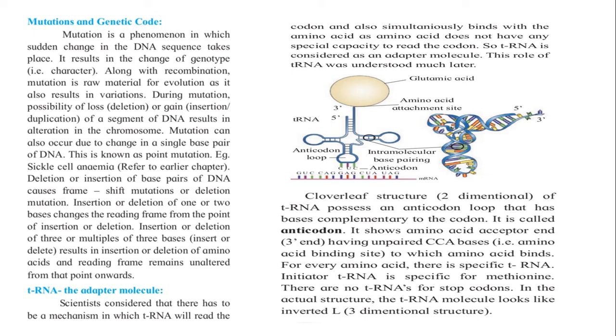For every amino acid, there is a specific transfer RNA. Initiator transfer RNA is specific for methionine. There are no transfer RNAs for stop codons. In the actual structure, the transfer RNA molecule looks like an inverted L, a three-dimensional structure.